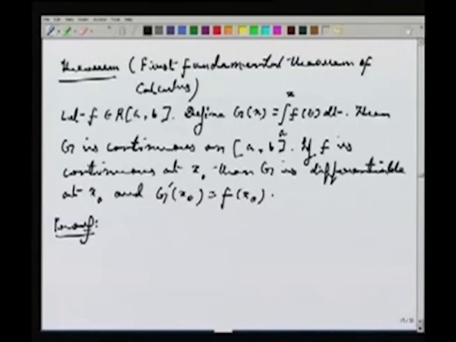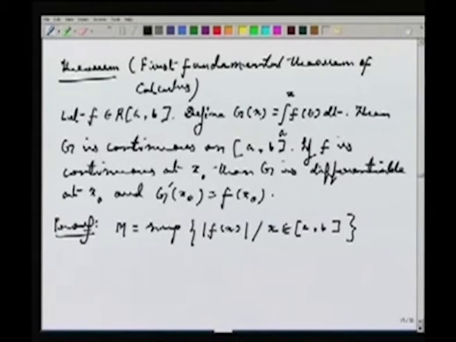Well, I am just assuming f to be a bounded function, so certainly I can say that capital M is equals to supremum of mod f(x), x in [a,b]. That will be a finite quantity because f is a bounded function, so the supremum exists.